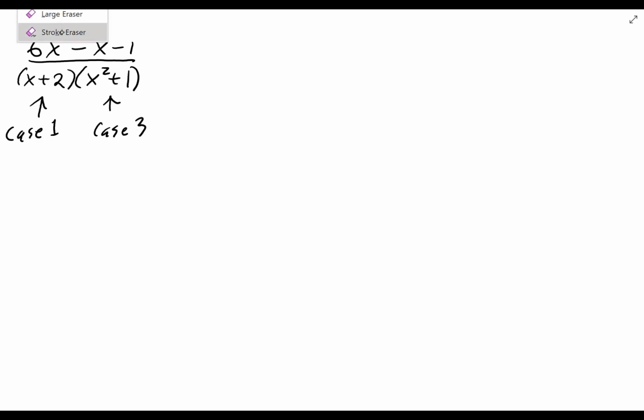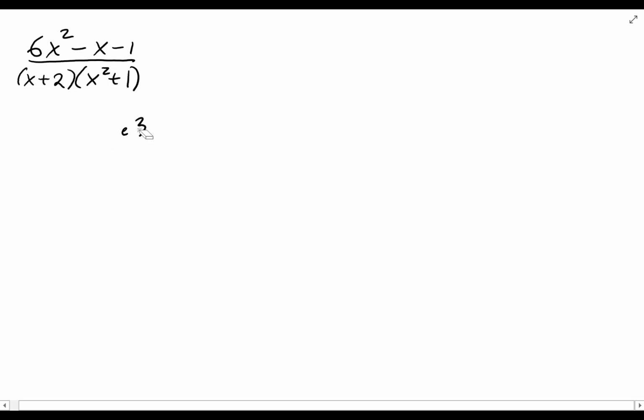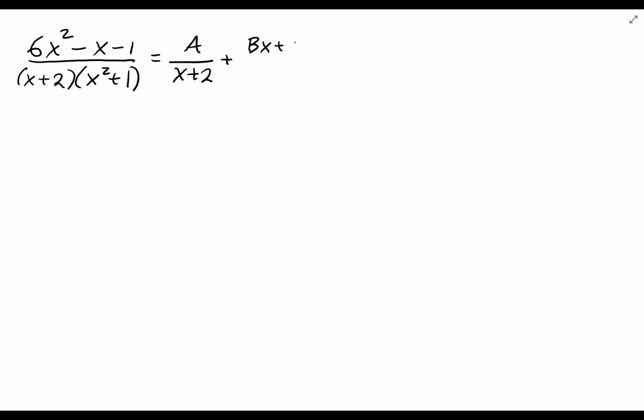So we're going to split each of those apart according to their cases. Alright, so for case 1, that x plus 2, it's just going to be a over x plus 2. And for case 3, that x squared plus 1, we're going to put a linear factor on top, bx plus c over x squared plus 1.